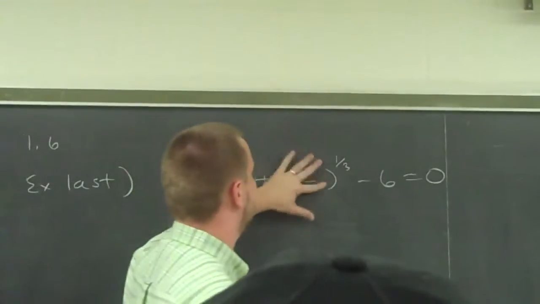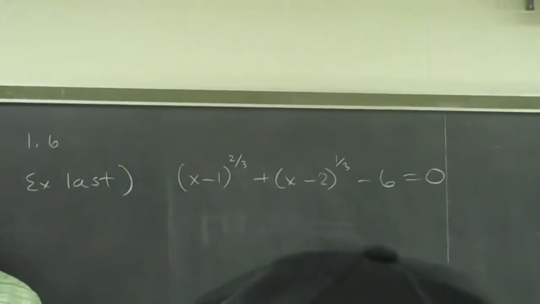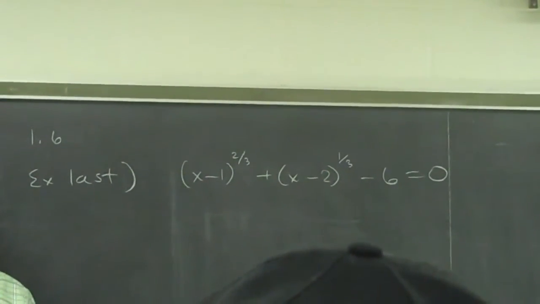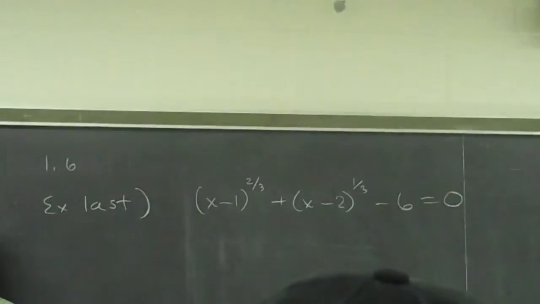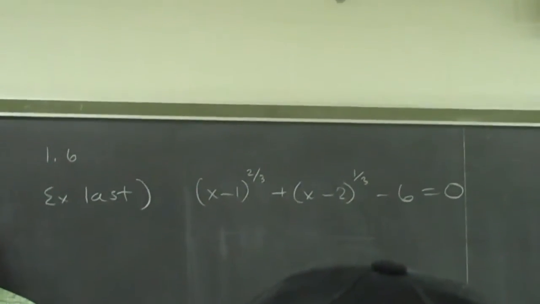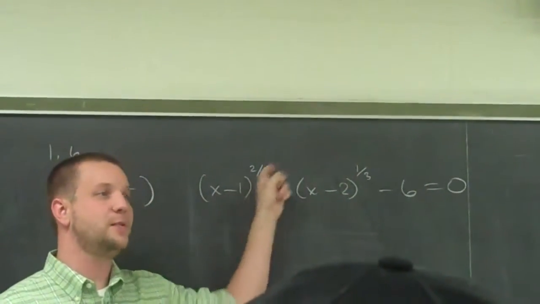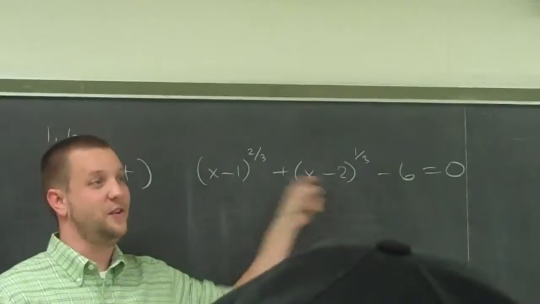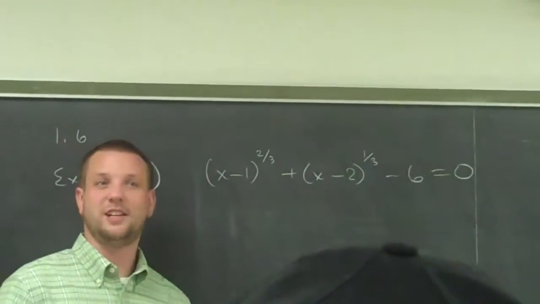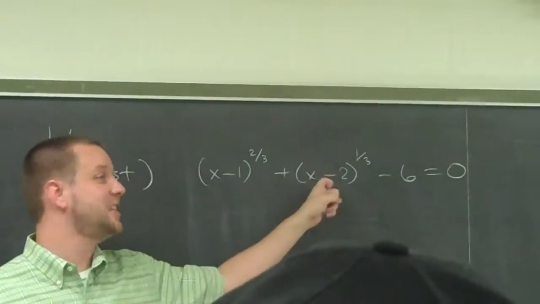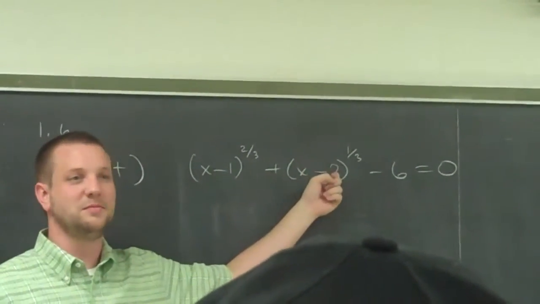What if we changed this to x minus 2? Is that quadratic in form? It turns out, if your bases aren't the same, even if one exponent is twice as much as the other one, then it's not quadratic in form. By changing this minus 1 to a minus 2, I've now made this a pretty much unworkable problem.